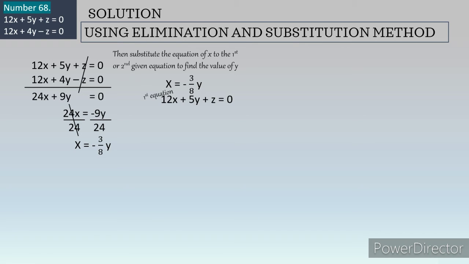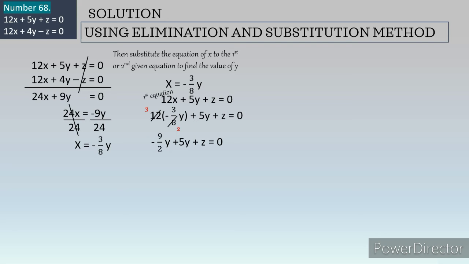I use the first equation to substitute x. Now we have 12 multiplied by negative 3/8 y plus 5y plus z equals 0. And then distribute. Now we have negative 9/2 y plus 5y plus z equals 0. And then we combine like terms.